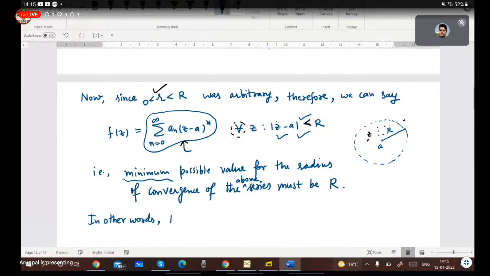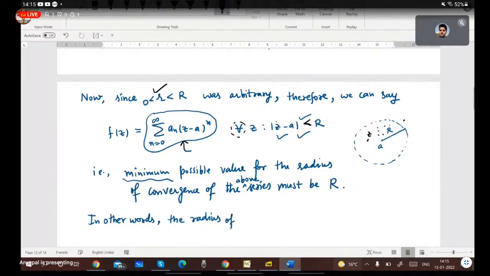So in other words, please don't confuse, I am not saying this capital R to be the radius of convergence. I have nowhere said during the proof of this theorem that this R is the radius of convergence. I am trying to have an idea about the value of the radius of convergence.